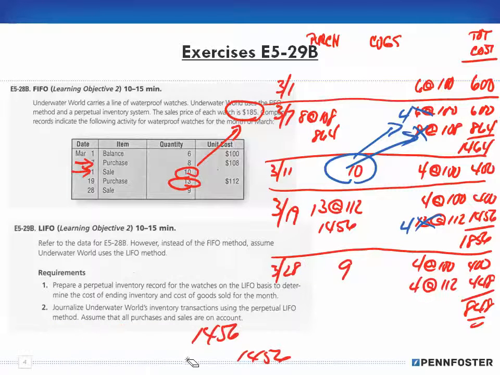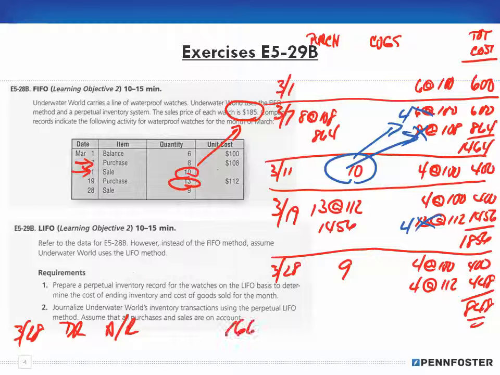Then on 3.28, we're making a sale, so we're debiting our accounts receivable for 1,665. That's 9 at 185, and 185 times 9 gives us 1,665.